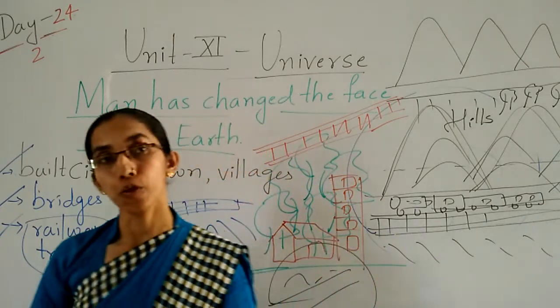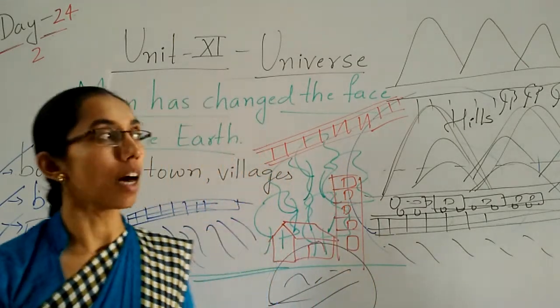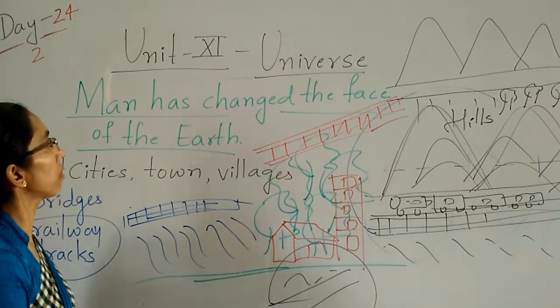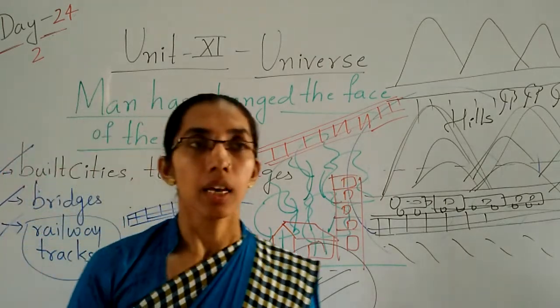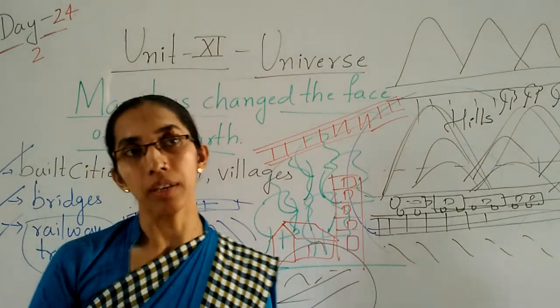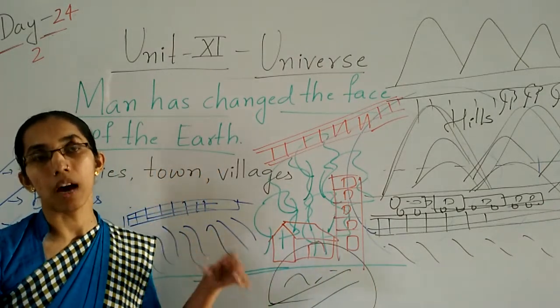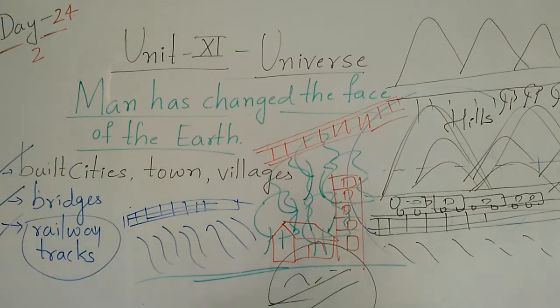So we should not fight with each other. So this is today's class, children. We have discussed how man has changed the face of the earth by constructing, by destroying the trees and mountains. He built a number of cities, towns, villages and railway tracks, children.